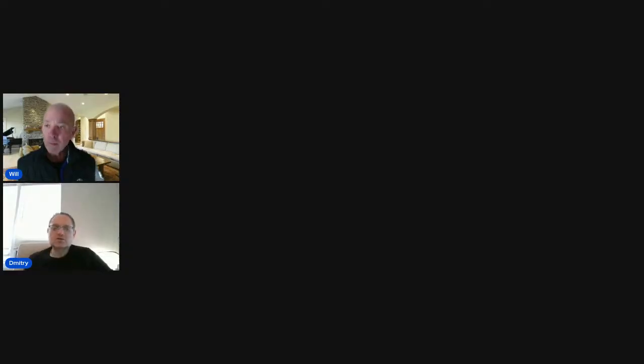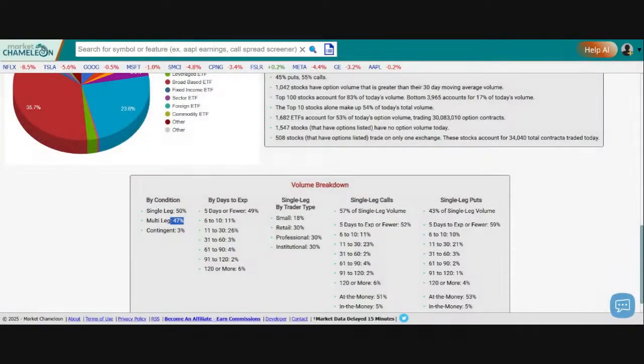We're not open today, so this is as of yesterday's close. You could see here that 47% of all the option volume yesterday involved multi-leg trades, meaning that it wasn't just a buy or sell of a call or put. It involved another option leg or multiple option legs.